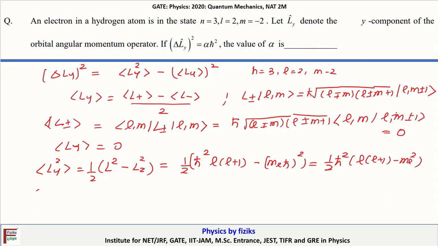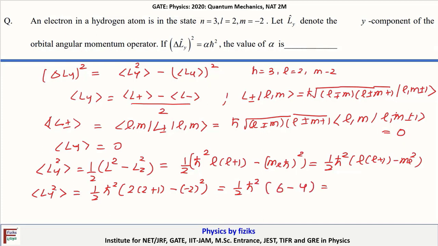Substituting the values of l and m, 1 by 2 h cross square, 2 into 2 plus 1 minus minus 2 whole square, gives us 1 by 2 h cross square, 6 minus 4, which is 2 h cross square divided by 2, equal to h cross square.